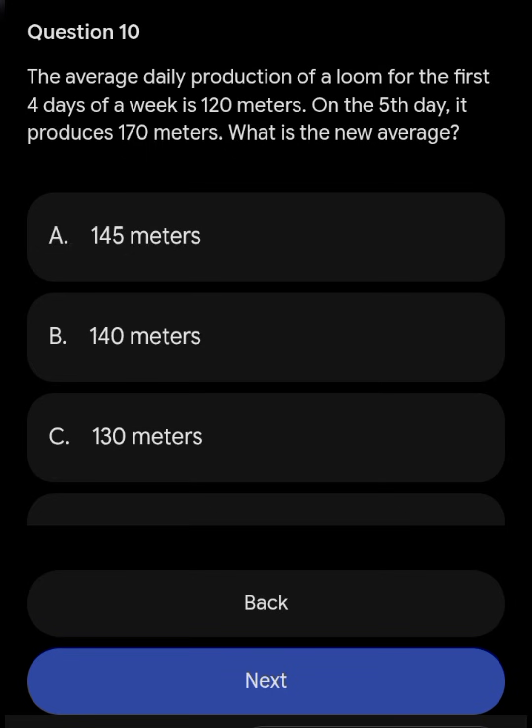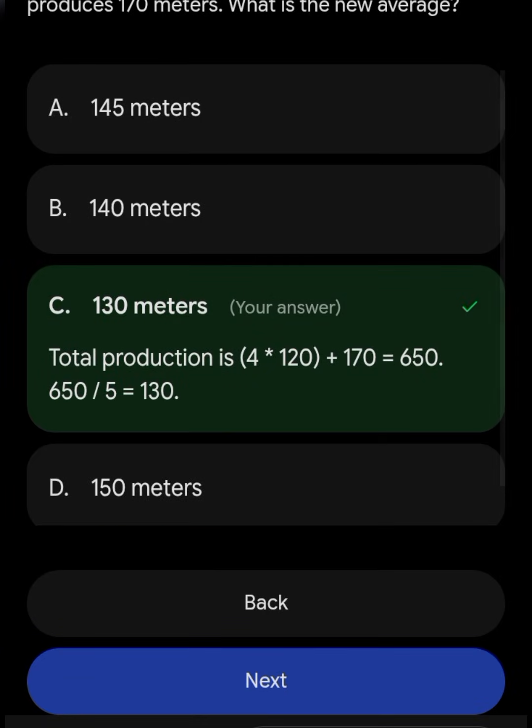Means the new value here was 170 meters plus the old average, which is 120 meters into the number of days, which is 4, means 120 into 4, which is 480, plus 170, which will give 650, and upon the fifth day, means number of days increased to 5, means 650 by 5, which will give 130 meters. Yes, you can have a look.